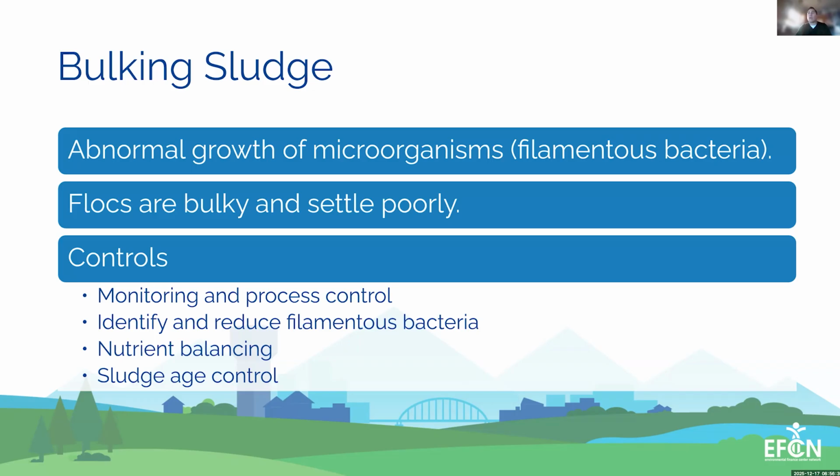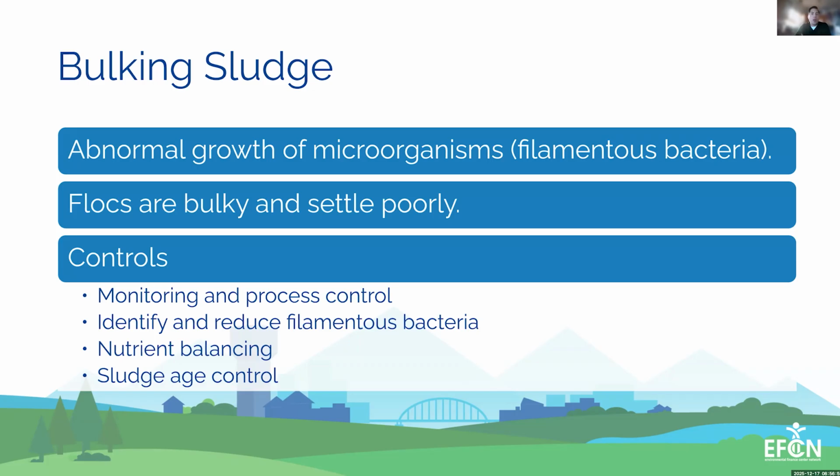Now, in order to control this, we want to make sure that we're monitoring and performing our process controls. We're identifying and reducing our filamentous bacteria. So when we observe bulking, we're taking samples and observing them under the microscope. Nutrient imbalance is another factor: if we have too much nitrogen or phosphorus, it can lead to bulking.